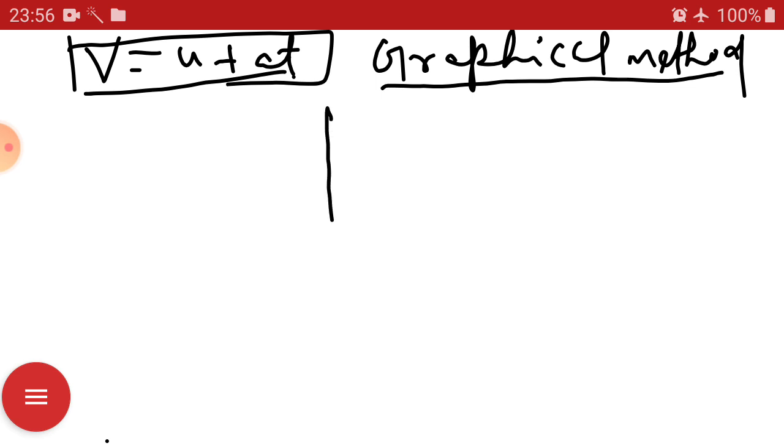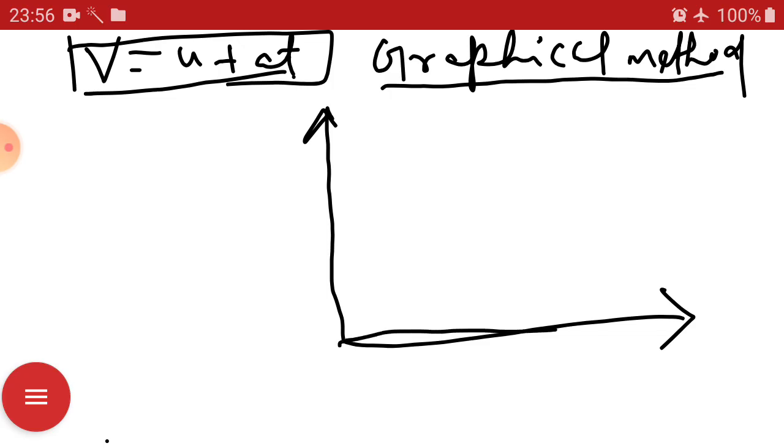So let us draw an x-axis and y-axis. From the coordinate geometry concept, you know, the right side we generally consider as the positive x-axis, and the y-axis above the origin we consider as the positive y-axis. Let's say this is the origin, 0. Here in the x-axis we will consider time, and in the y-axis we will consider velocity.